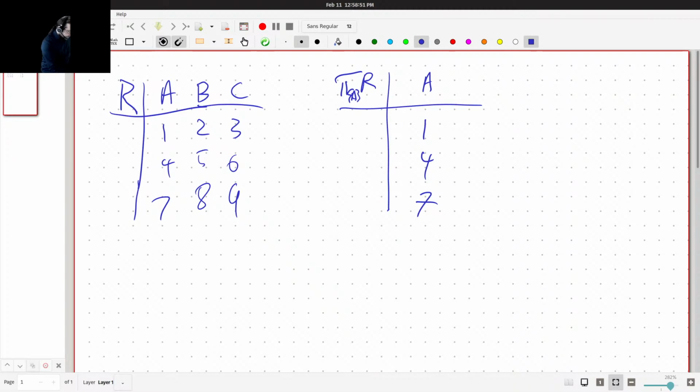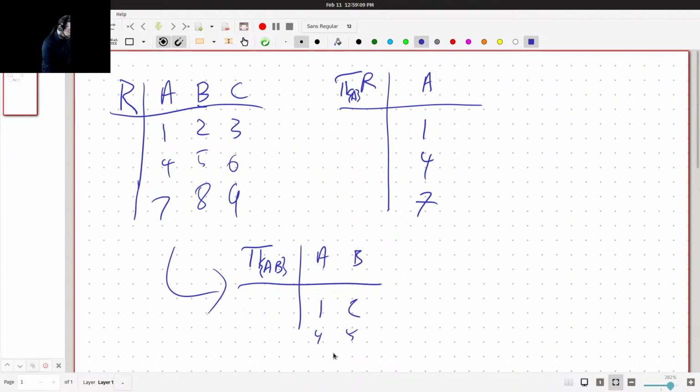Now, let's say instead I did a projection of this down to just A, B. I end up with the attributes A, B, 1, 2, 4, 5, 7, 8. So I can go directly from my original R to projecting down to A, or I can first project down to AB and then project down to A again.